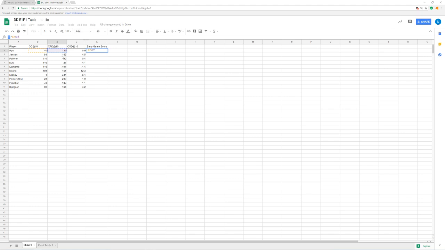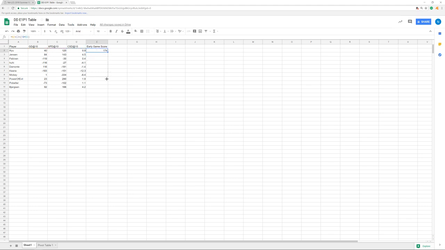Obviously, if this is a negative number, then it's going to subtract from the total. And then plus 10 times the CS differential at 10. So our new early game score is gold differential at 10, plus XP differential at 10, plus 10 times CS differential at 10.